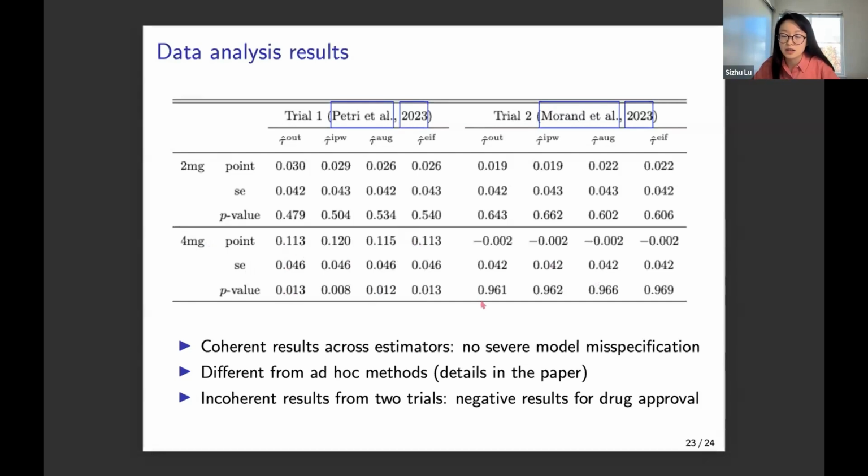But if we look at the second trial, the setup is exactly the same; it's only the recruitment that is different. In the second trial, we can see there is a null effect, if not slightly negative. So these suggest negative results for drug approval, and therefore this drug was not approved for systemic lupus erythematosus.